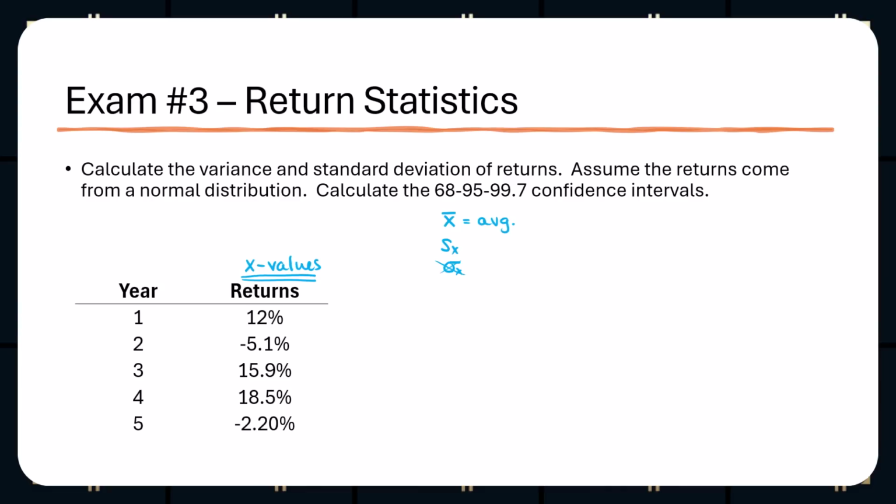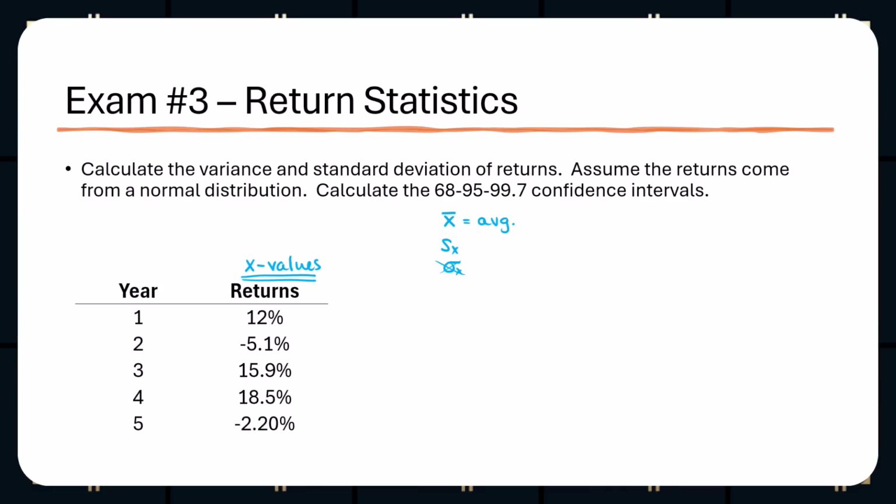In contrast, S of X is going to be representative of the sample standard deviation. Now, as we learned in class, the variance is the squared deviations from the mean. And then we take that variance and we take the square root of it to find the standard deviation. We like standard deviation because it's in the same units as the mean.